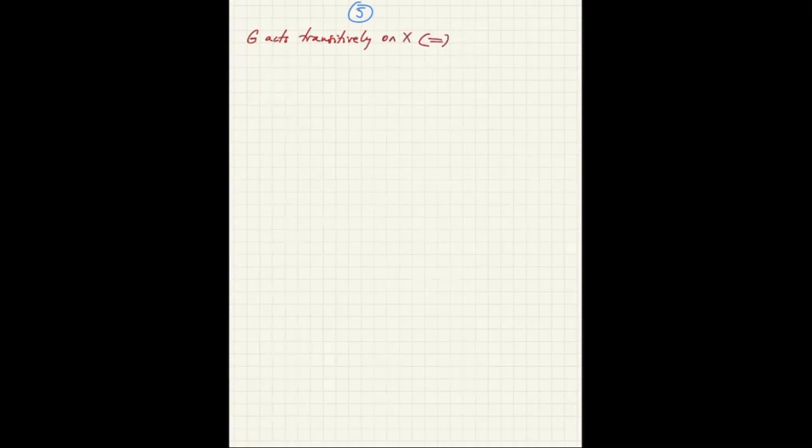Well, it means that for any x and y, y is in the orbit of x. So y and x are equivalent. That means that there's exactly one orbit. So the number of orbits is 1, which is the same thing as the orbit of x equals X for any x in X. Or you can say there exists an element x such that the orbit of x is the whole set.